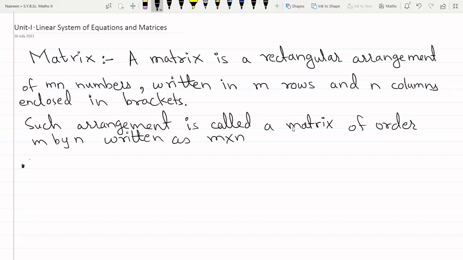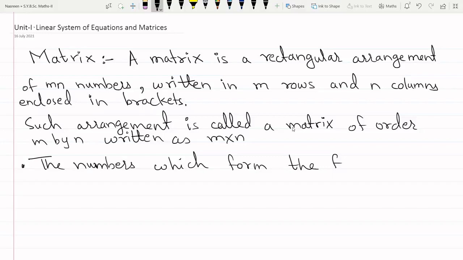And the numbers which form the matrix are called elements of the matrix.